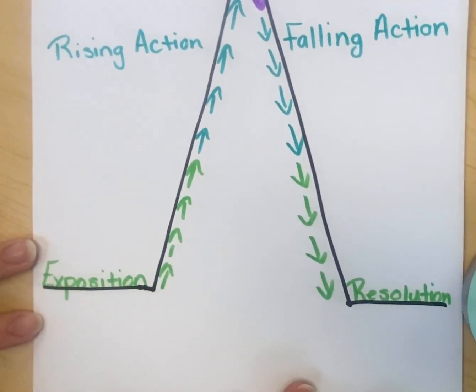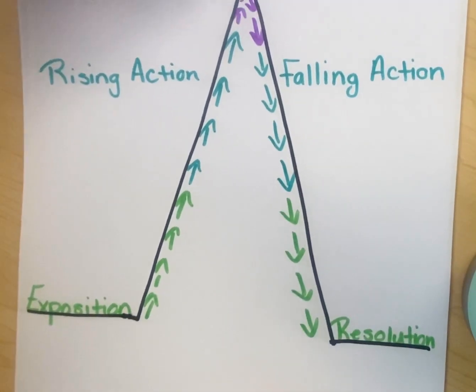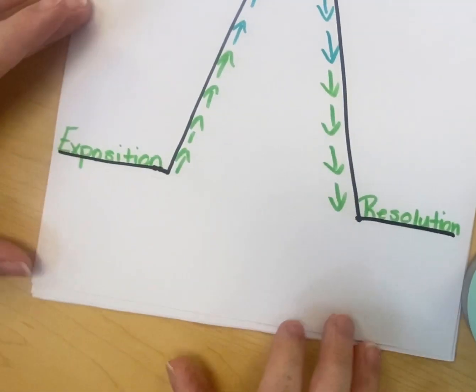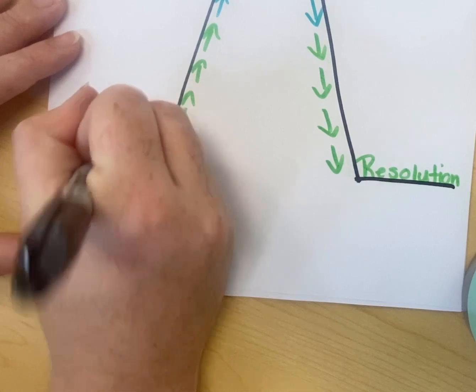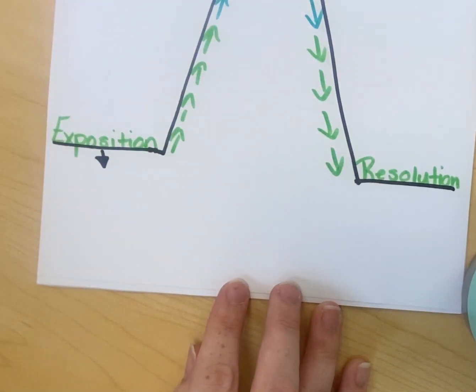All right, now that we've got that written down, let's look at our first one, which is exposition. So I'm going to draw a little arrow. So what is an exposition?